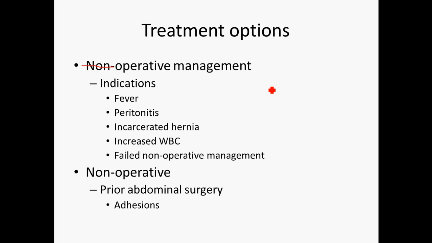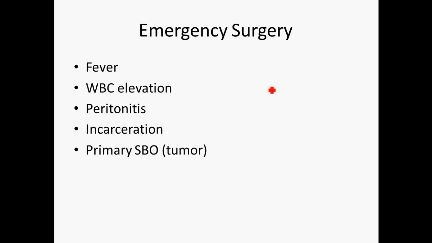Really, the main reason you don't go in and do an operation is if you've had prior abdominal surgery and there's adhesions, you know what's going on, and so you try and manage it without surgery. These are the things we just talked about for reasons you do surgery.